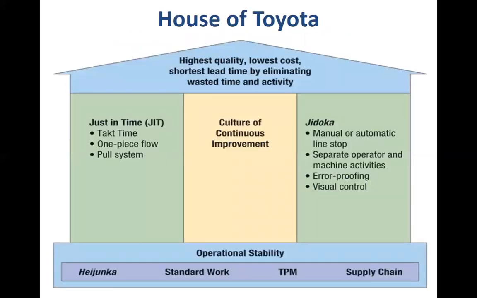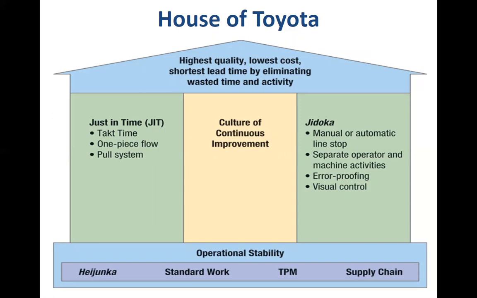Pictorially, it is something which was presented as House of Toyota by Taichi Ono and Tokoda, where just in time on the left hand side and Jidoka on the right hand side are two pillars that support highest quality, lowest cost, shortest lead time by eliminating wasted time and activity.